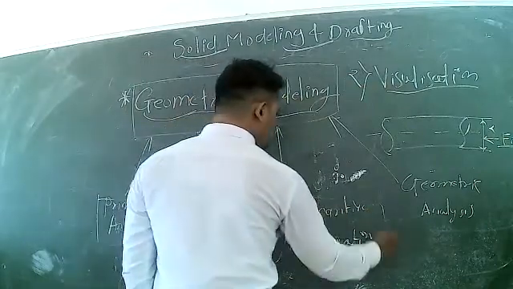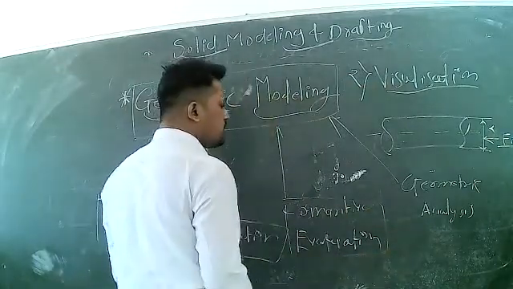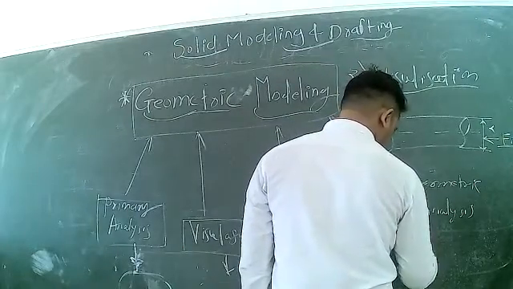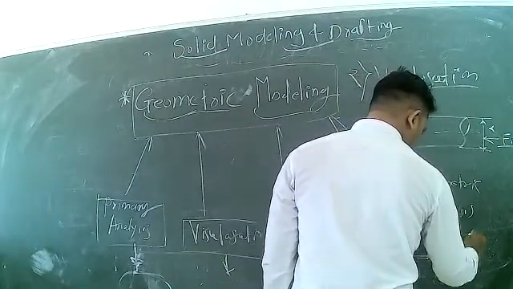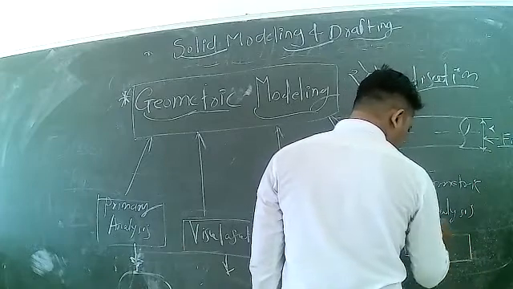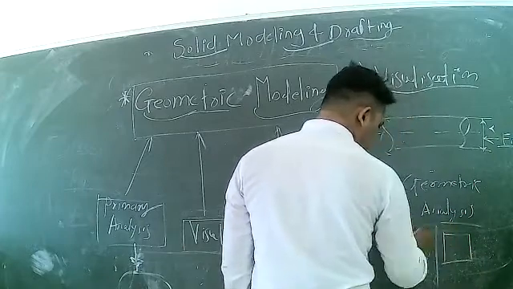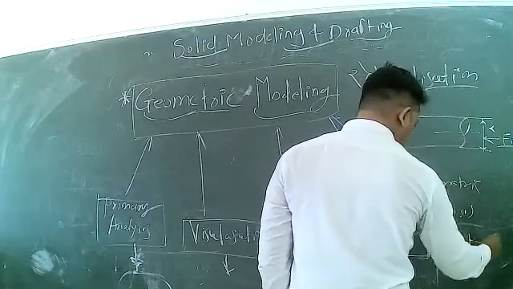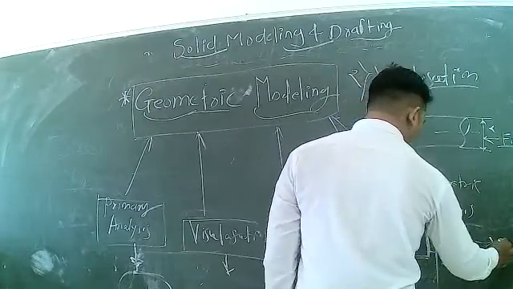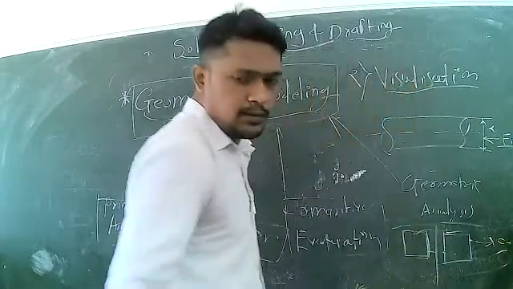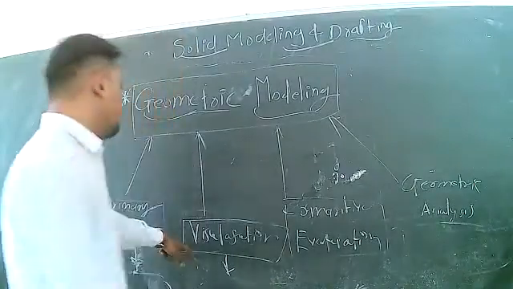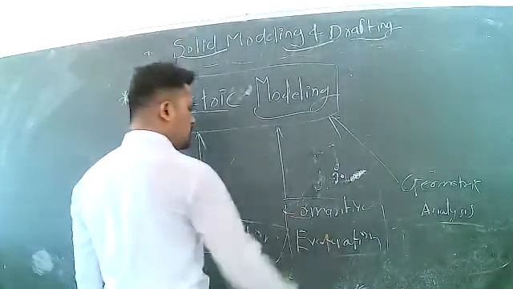After that, the comparative evaluation. Comparative evaluation means if we have two parts, after visualizing these two parts, we have to take the one which is necessary. After visualization, we do the comparative evaluation.